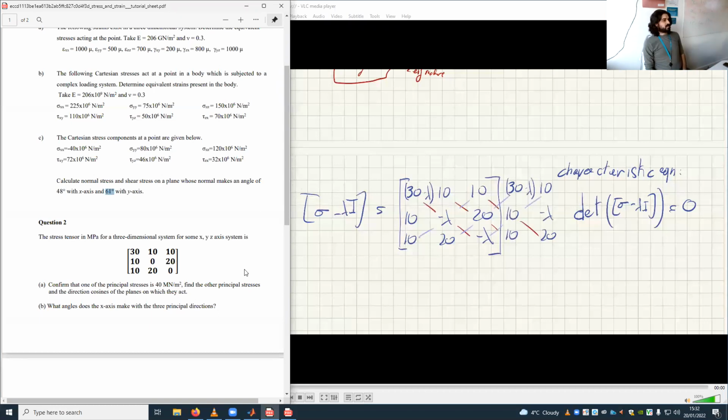So it's the sum of this times this times this, plus this times this times this, plus this times this times this, minus this times this times this, minus this times this times this, minus this times this times this. Remember that? Have you done this sometime in your lives? Yeah, okay. But I don't like it because it's a trick.